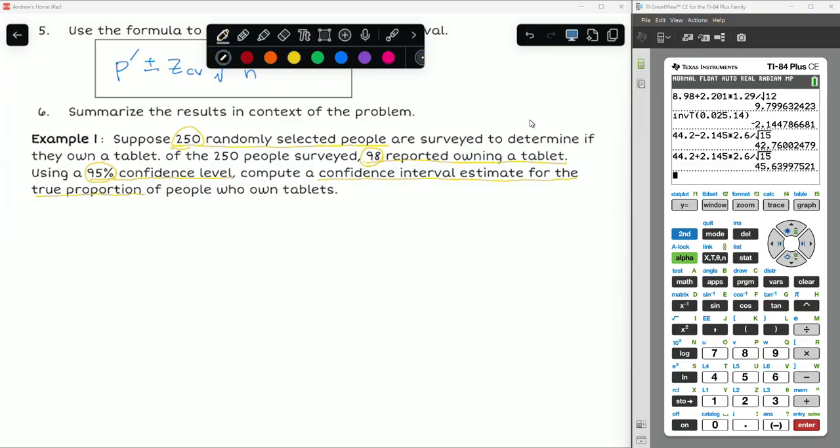So let's go ahead and define our variable of interest and list those numbers. The words are hard today. So we are looking for the true proportion of people who own tablets. They were nice enough to give that to us in the last sentence of the problem.